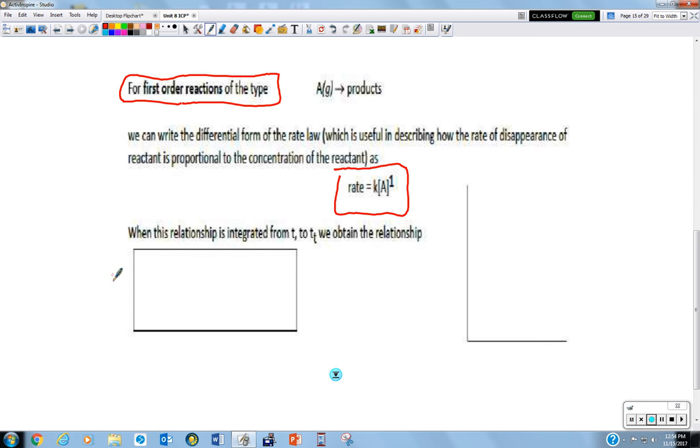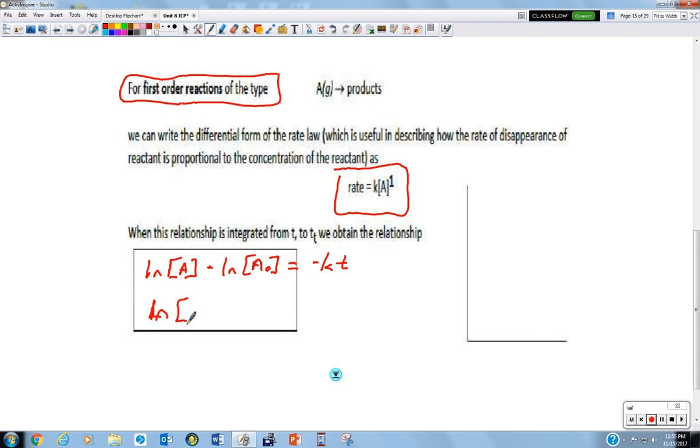And then if we integrate it with time, this one ends up being the natural log of A minus natural log of original A equals negative kt.